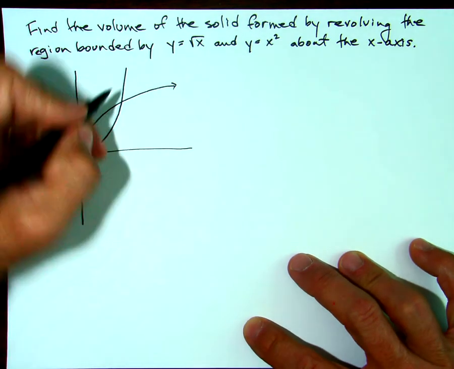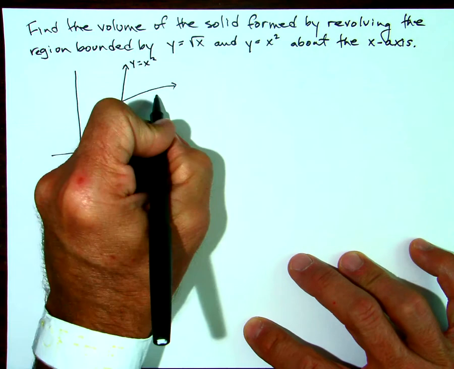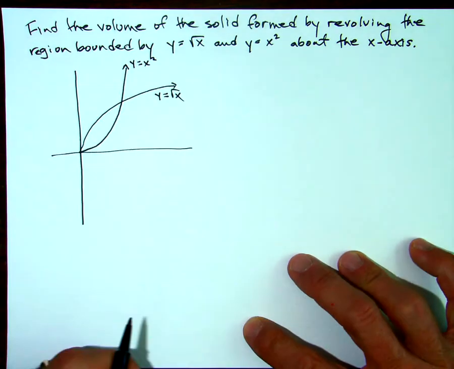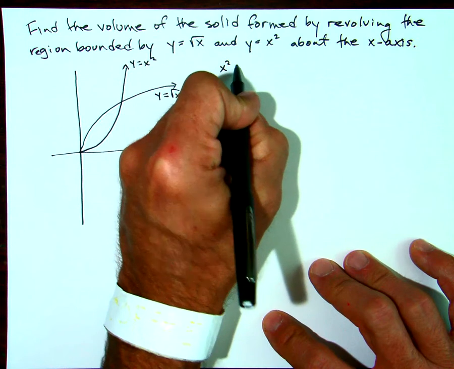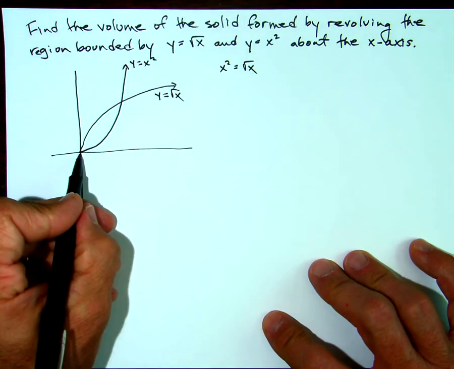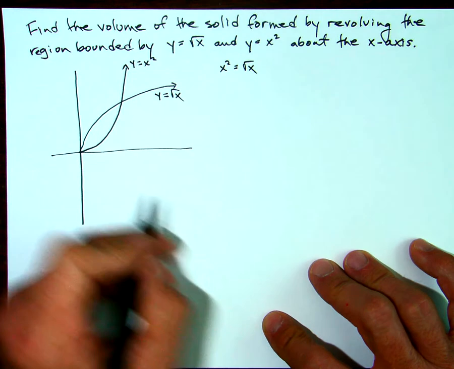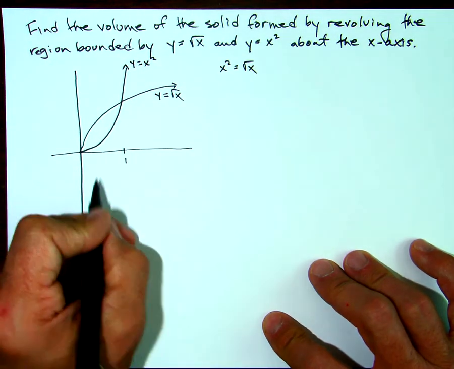So this is y equals x squared. This is y equals square root of x. And we know they're going to intersect when x squared equals the square root of x. That's going to happen in two places, 0 and 1, because we know that 1 squared is the same as square root of 1. So that's going to be our bounds.